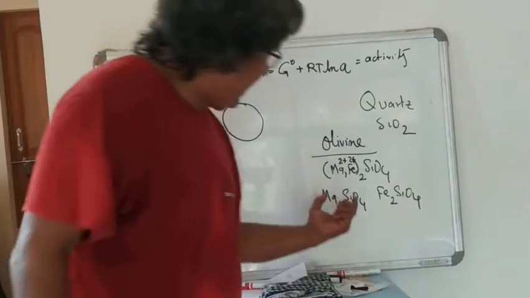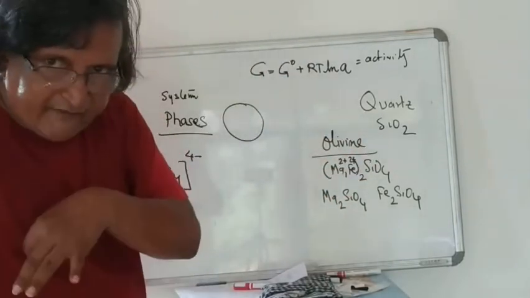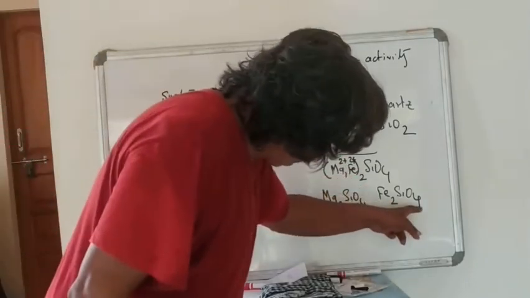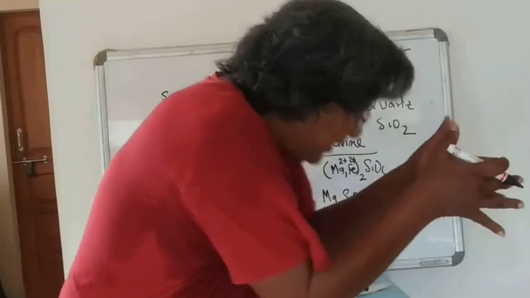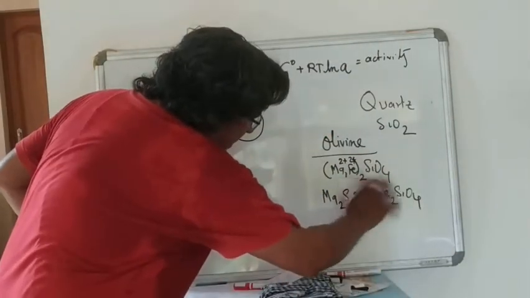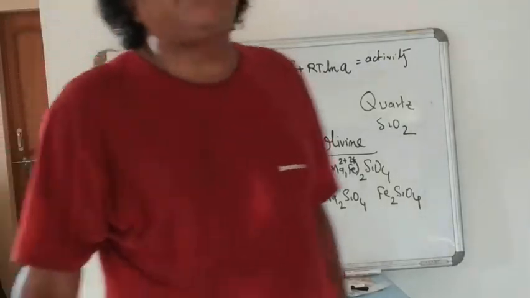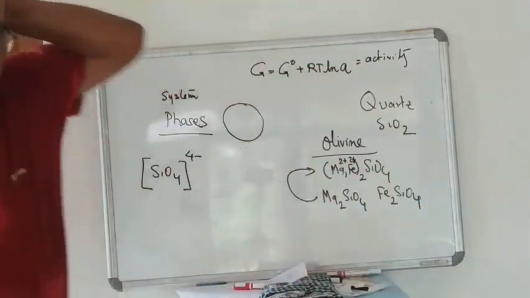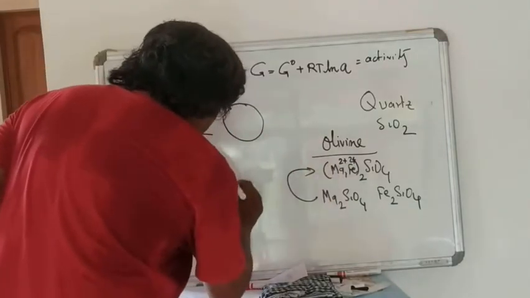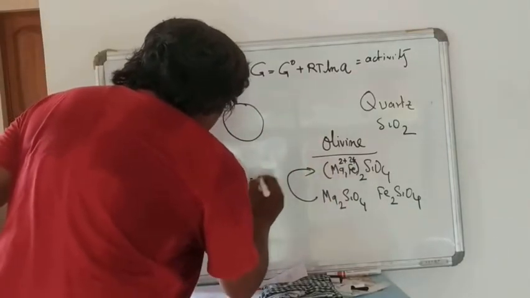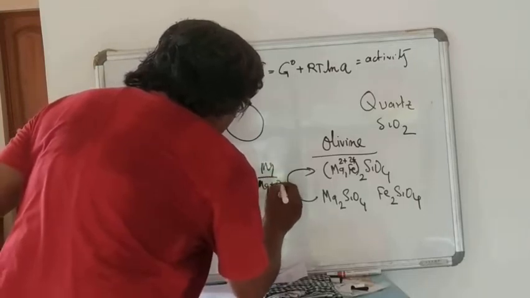So you have Mg2SiO4 as one component of olivine and Fe2SiO4 as another component of olivine, and these together can be mixed in any proportion so that you will get (Mg,Fe)2SiO4. So in this olivine, XMg will be equal to Mg divided by Mg plus Fe.